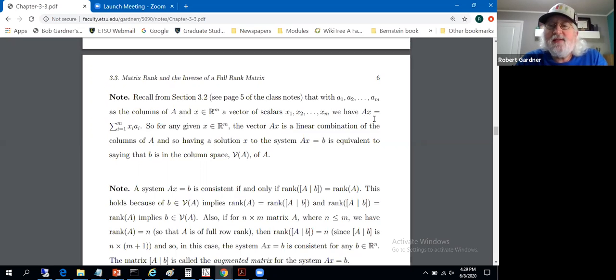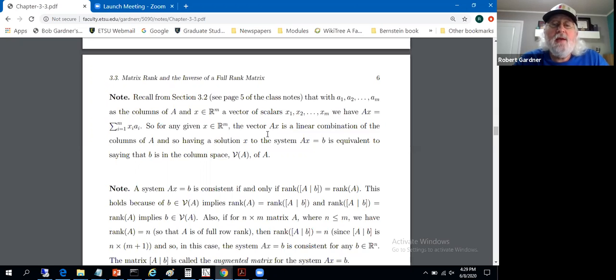Then A times X gives a sum from i equals 1 to m of X sub i, the scalar, times A sub i, the column vector. As we've said, AX produces a linear combination of the columns of matrix A with coefficients given by the components of vector X. We said that 2 or 3 times.